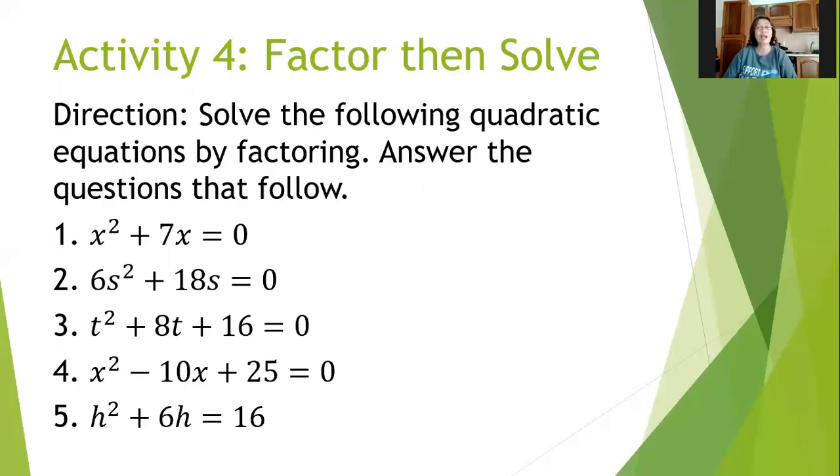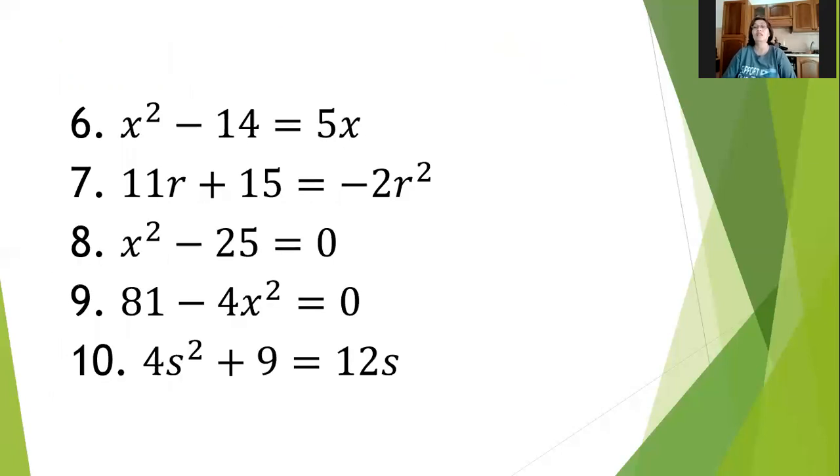Number 5, h squared plus 6h is equal to 16. You have to set it first in the standard form. The factor is also a square of a binomial. Okay? Same also with 6, 7, 8, 9, and 10.